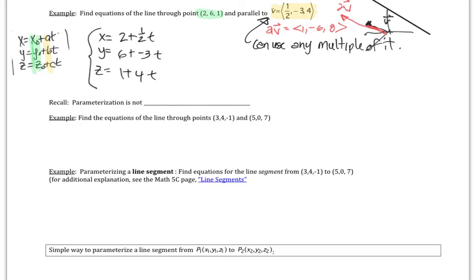The reason I mention that is because you might look in the back of the book and they might have this for the answer. Maybe they use, this is the direction vector. So the point 2, 6, 1 and direction vector 1, -6, 8.